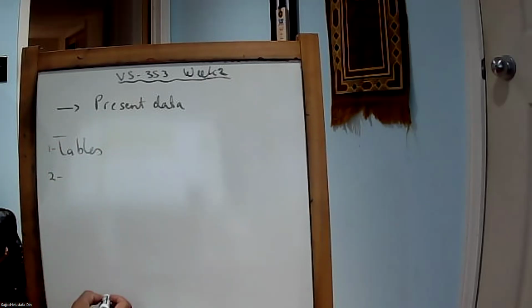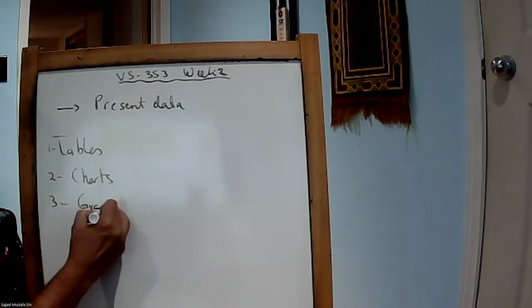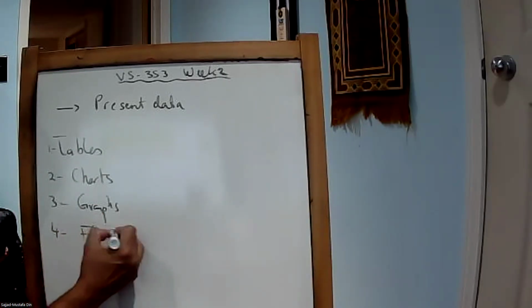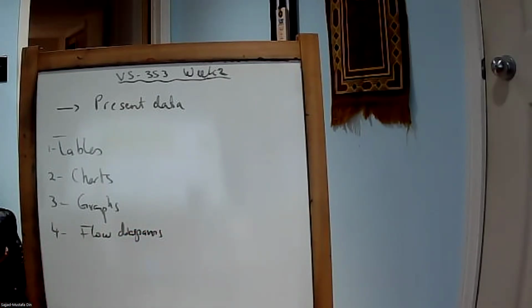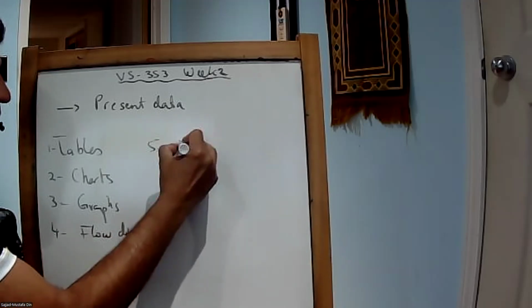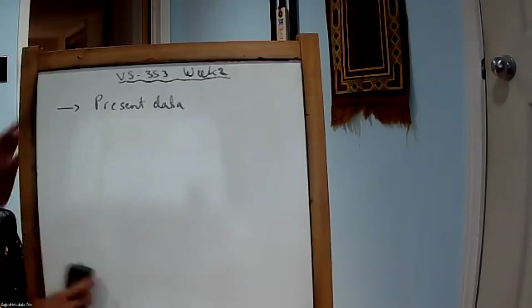You could present it in the form of charts, graphs, you can also have flow diagram, figures, but collectively, you can call what we're talking about here in one form or another infographics.